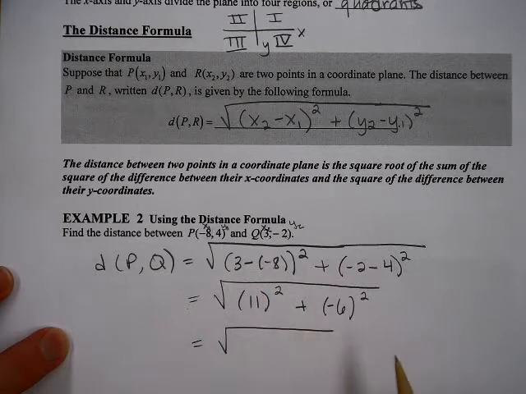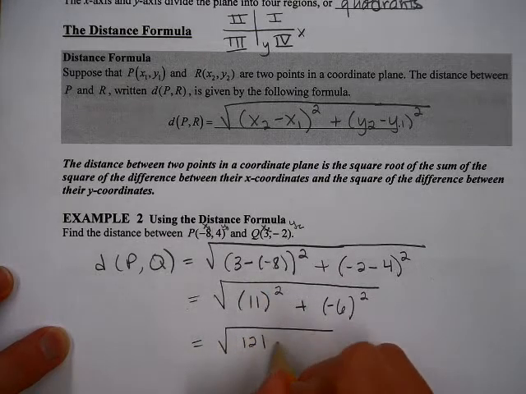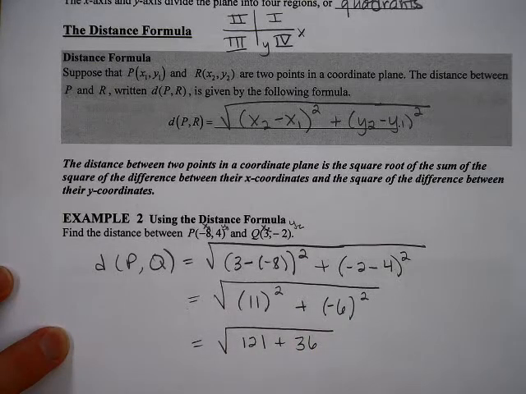So let's square 11. 11 squared is 121. Negative 6 squared is 36. Now at this point in the problem, you should always be adding 2 positive numbers. It does not matter if the number up here is positive or negative. Once we square it, we should get a positive number. So we should be adding 2 positive numbers together.